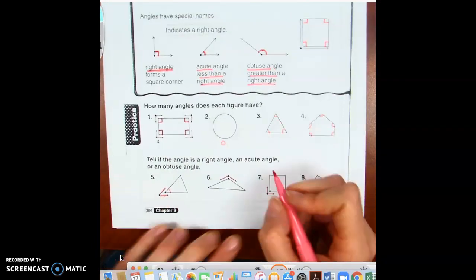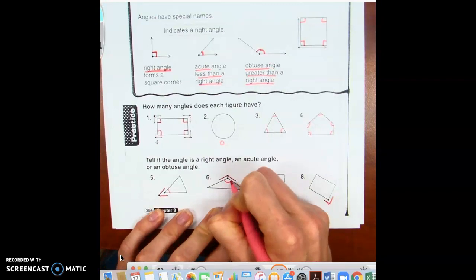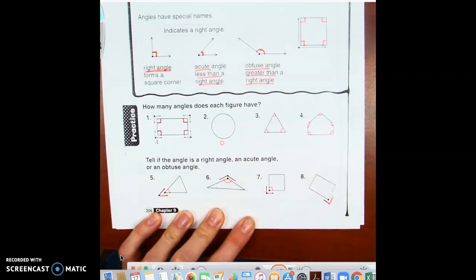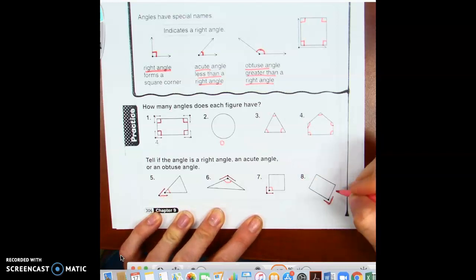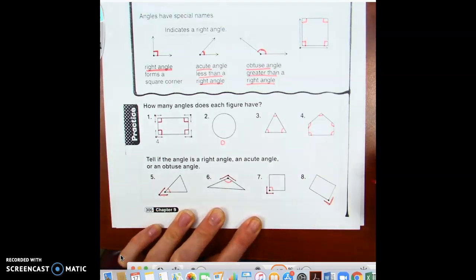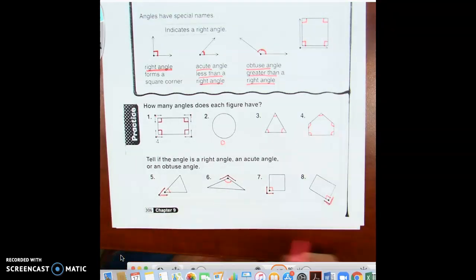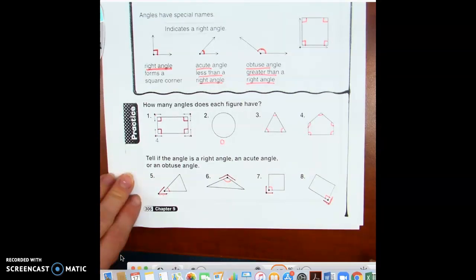Number 6 at the top, they're talking about that angle. 7 they're talking about this angle there. And then number 8 they're talking about this angle here. Okay, so you're going to write down if it's an acute, obtuse, or a right angle. You can pause the video, finish that up.